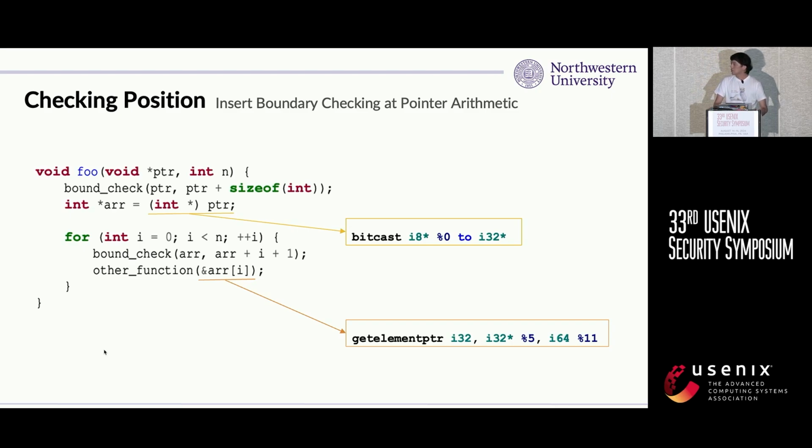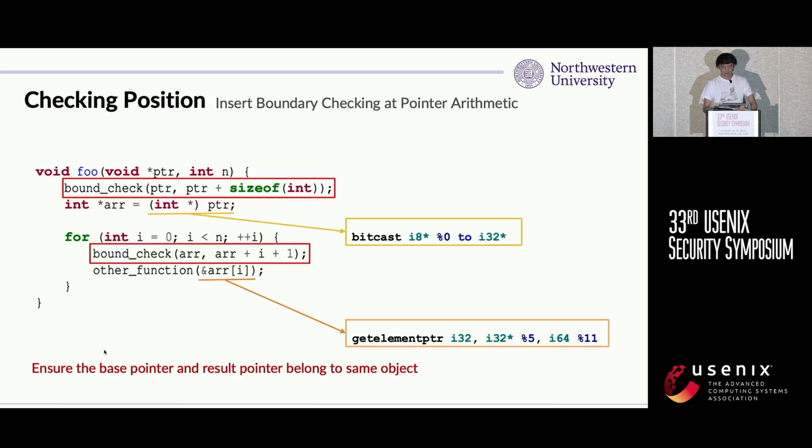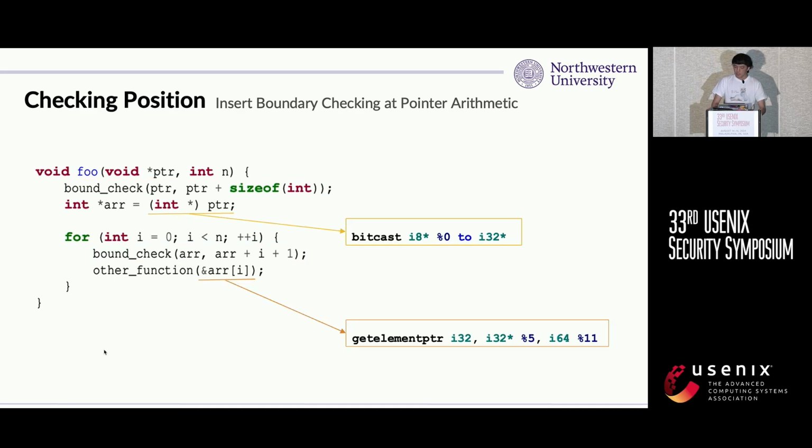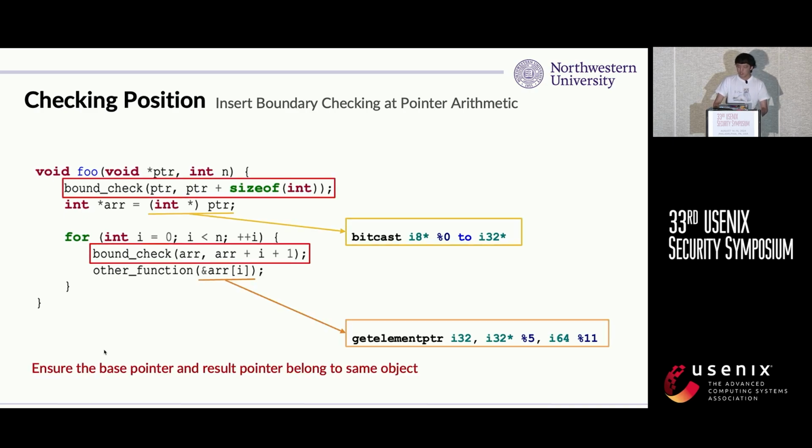In another line, the code adds an offset to the pointer, so LLVM will generate a getelementptr instruction. Each instruction includes a base pointer and a result pointer. Then ShadowBound will insert a boundary checking instruction to ensure that the base pointer and the result pointer belong to the same object.